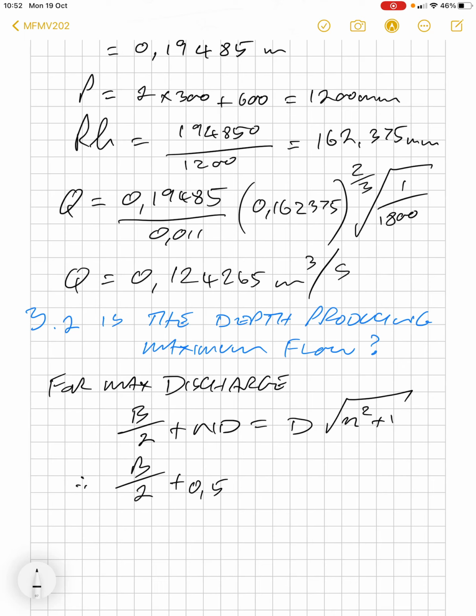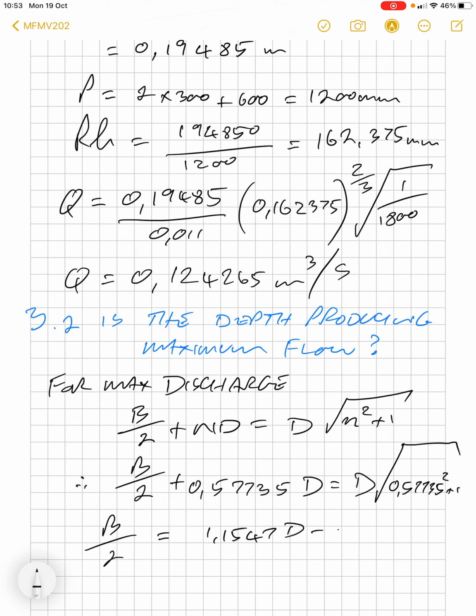So b over 2, substituting 0.57735 d is equal to d times the square root of 0.57735 squared plus 1. b over 2 is equal to 1.1547d minus 0.57735d, and b is equal to 0.57735 times 2d.